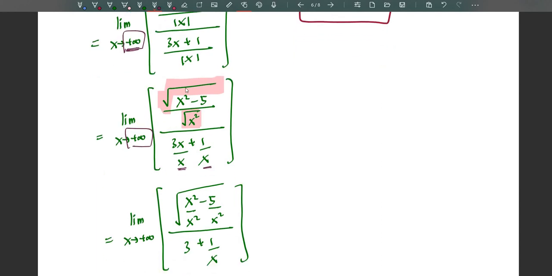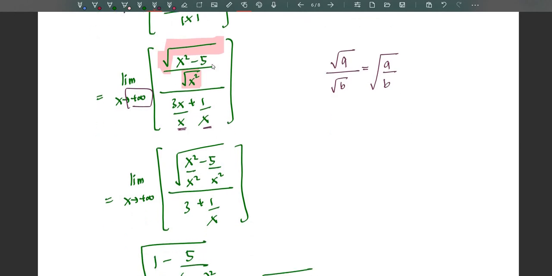So here combine them in one root. Remember root a over root b, as long as the power of the root is the same, we can combine them into this. For this one, remember to divide each term separately, as you can see here, I did it separately.